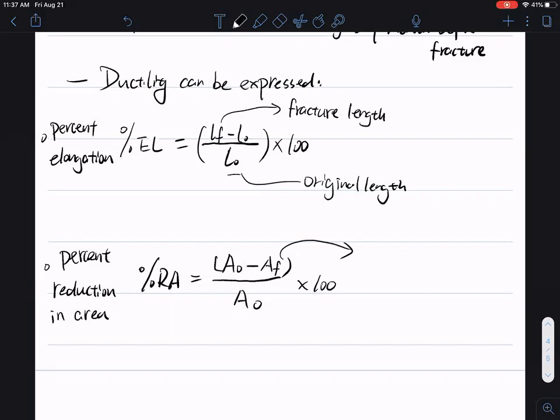AF here is the cross-sectional area at the point of fracture. AO is the original.